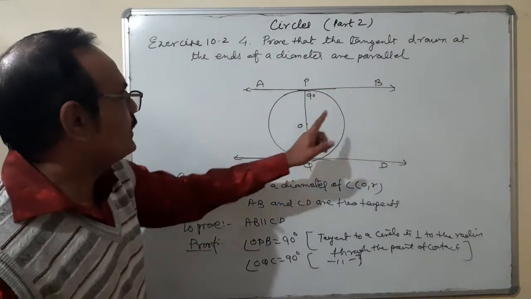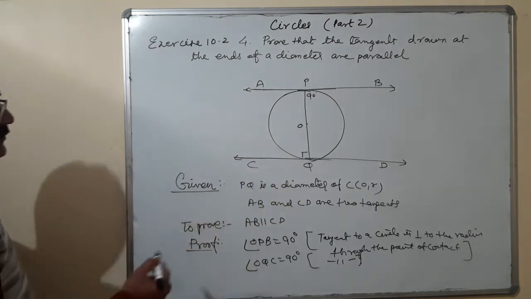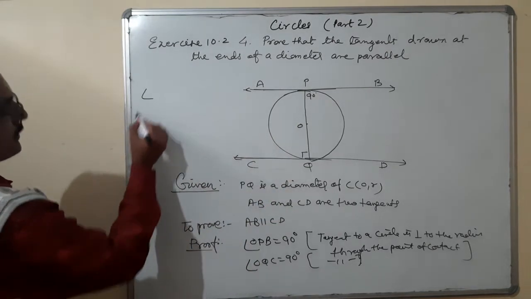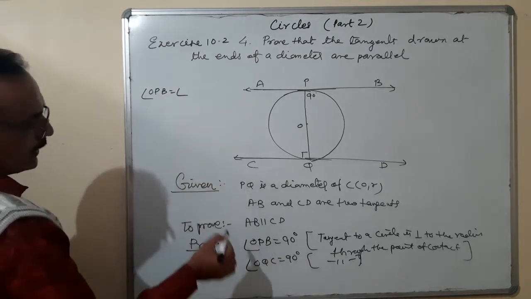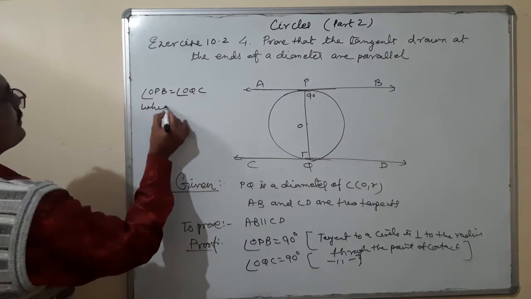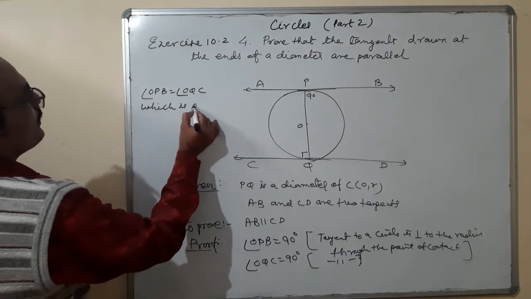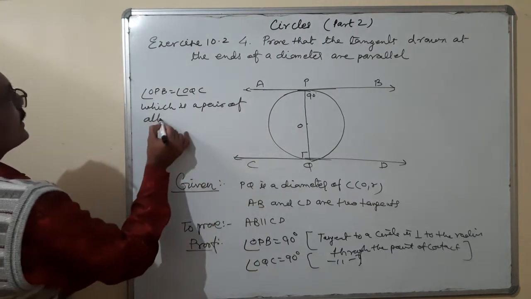Angle OPB is equal to angle OQC, which is a pair of alternate interior angles.